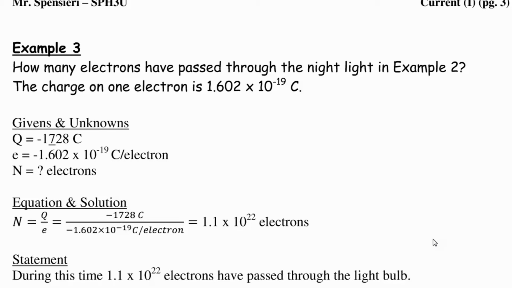To calculate this number of electrons, we'll go back to the equation derived by Robert Millikan, which relates the number of electrons to the overall charge and the charge on one electron. Rearranging this equation, we solve and determine that approximately 1.1 times 10 to the 22 electrons have passed through the light bulb of this night light through this time.